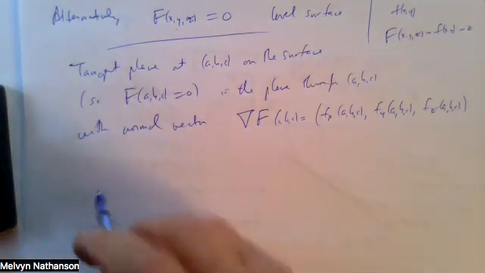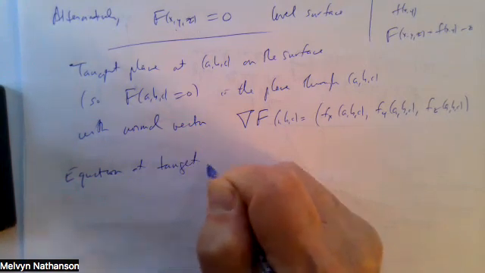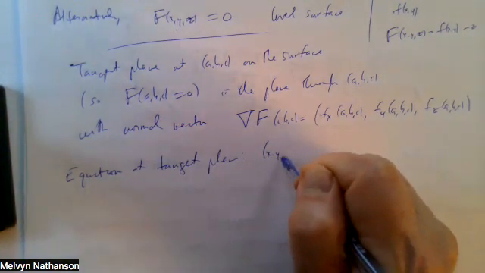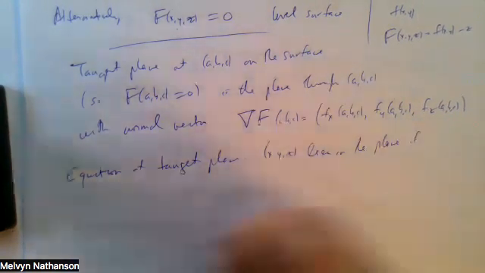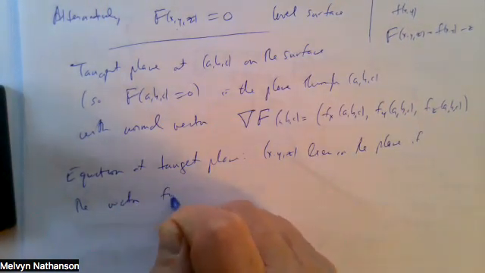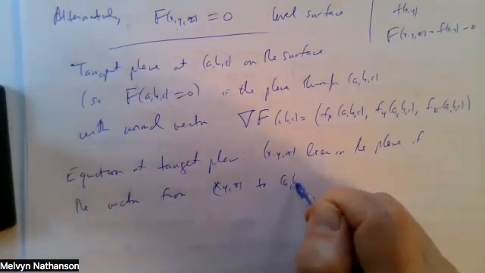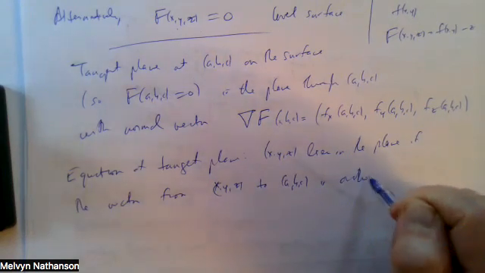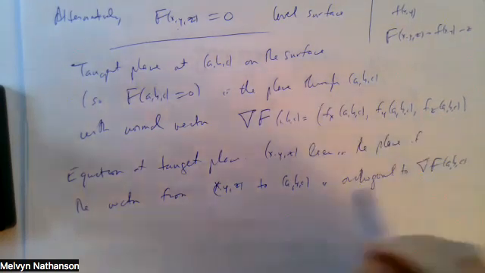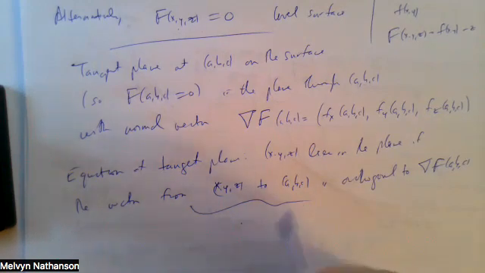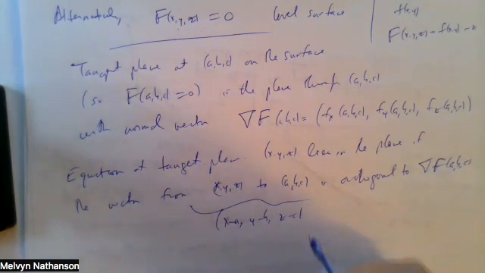So the equation of the plane: the point x, y, z lies in the plane if the vector from x, y, z to A, B, C is orthogonal or perpendicular to the gradient of F at A, B, C. And the vector from x, y, z to A, B, C has coordinates x minus a, y minus b, z minus c.